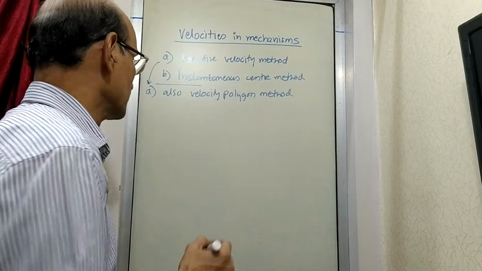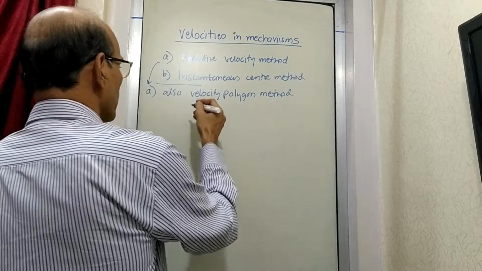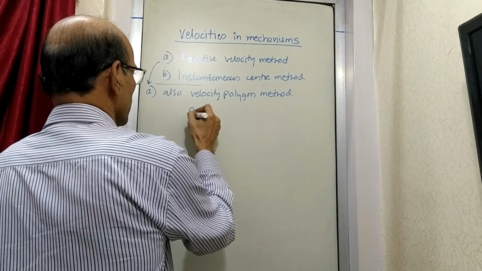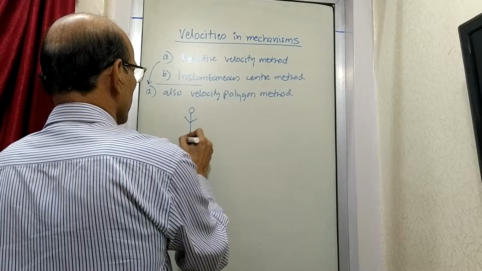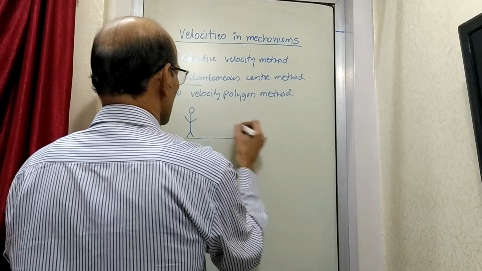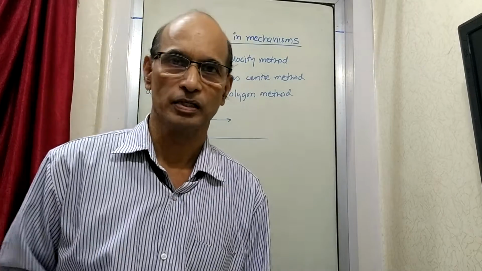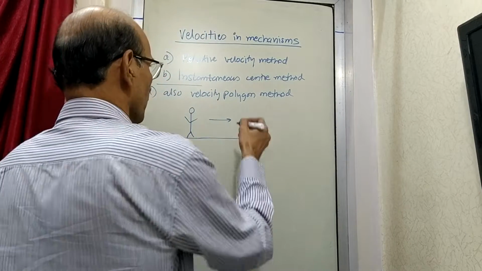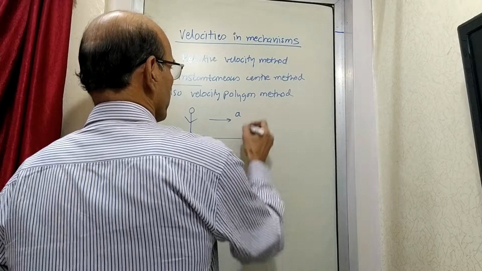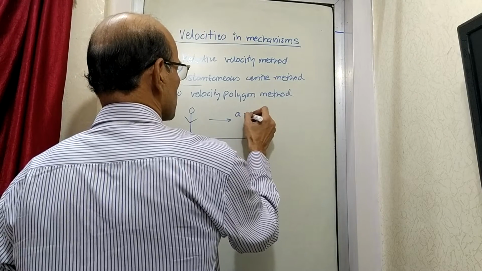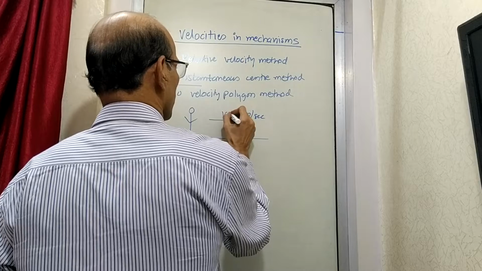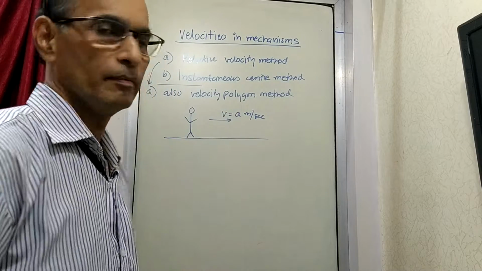Just before we go further, let us take one simple example. Let's say there is one person here, and this person is moving in this direction with a certain velocity. Say the velocity of this person is A meters per second. That is the velocity of this person, A meters per second.